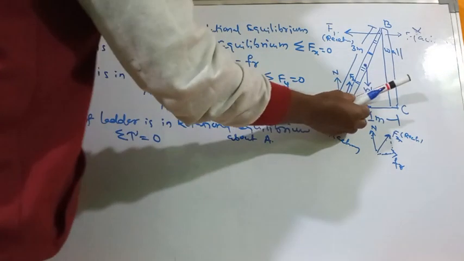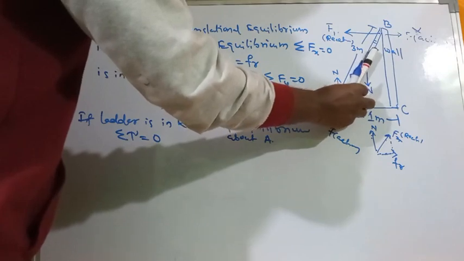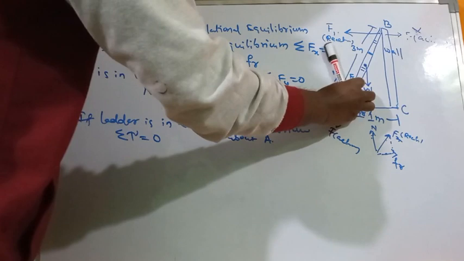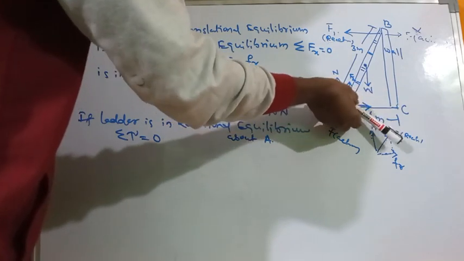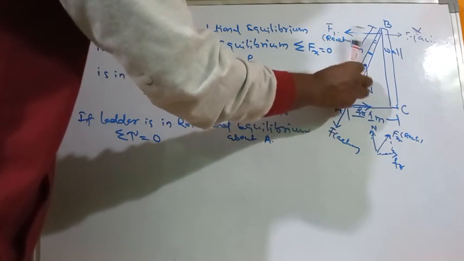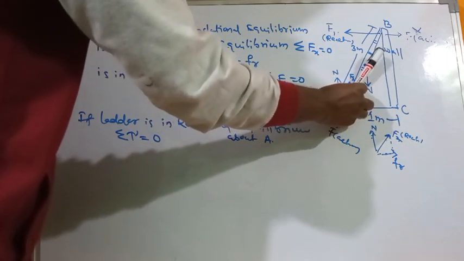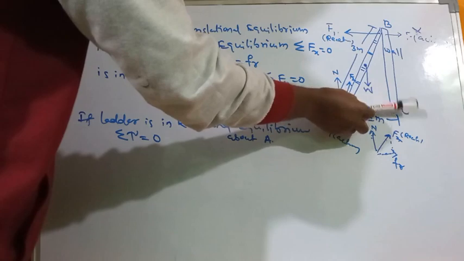About that origin, this is our ladder, the black one, and it is rotating like this, maybe clockwise or anti-clockwise, we have to choose one direction. This A behaves like an origin, and from that origin the ladder is rotating.